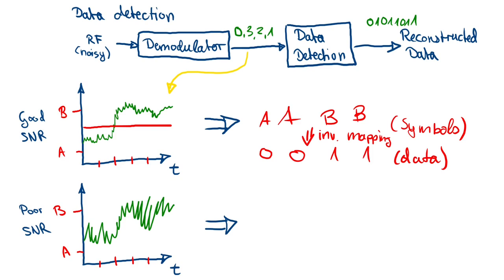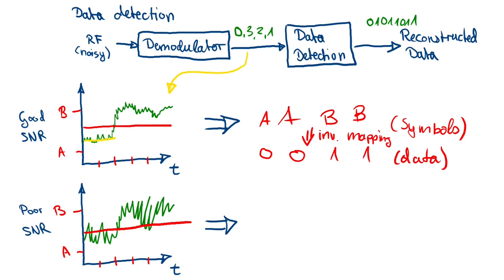And in the next diagram, there's a different situation. So in the above diagram, the signal to noise ratio was good, and here we have a poor signal to noise ratio, so there's a lot of noise compared to the signal power. And now you see the problem.